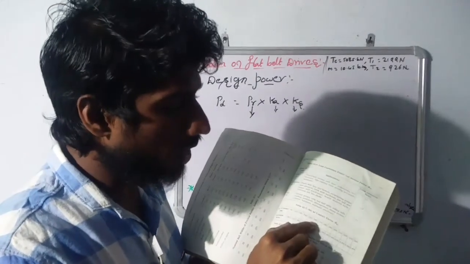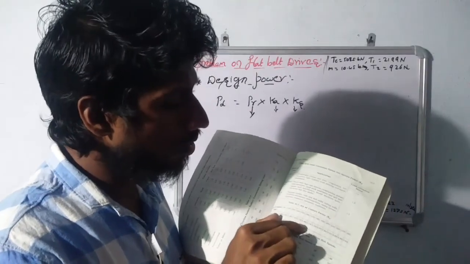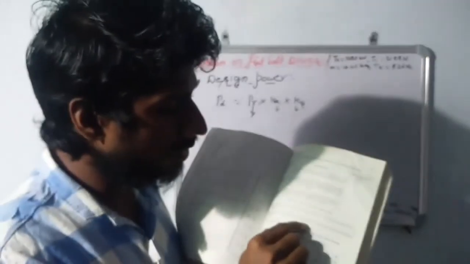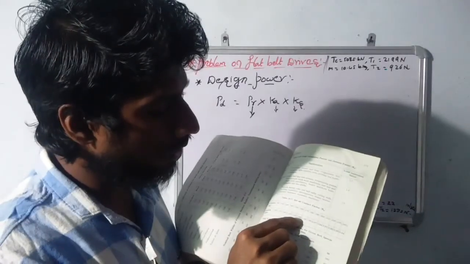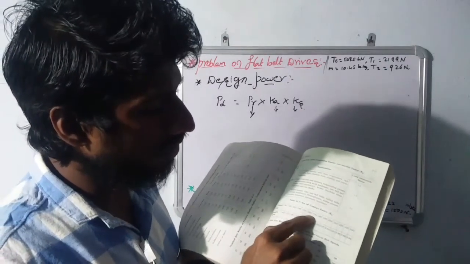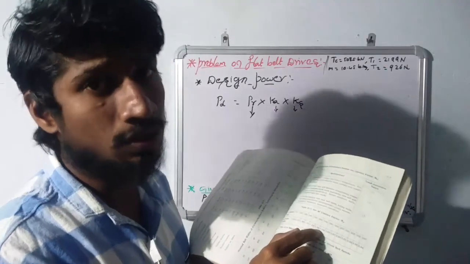Based on that, consider the correction factor. For 165 degrees, between the range of 160 to 170, let us consider the value 1.06.